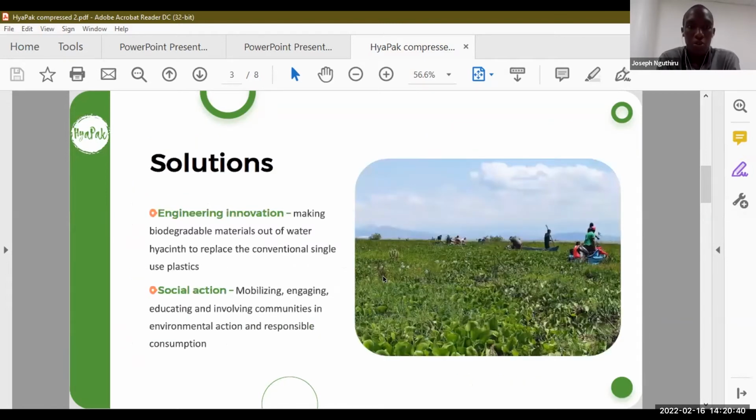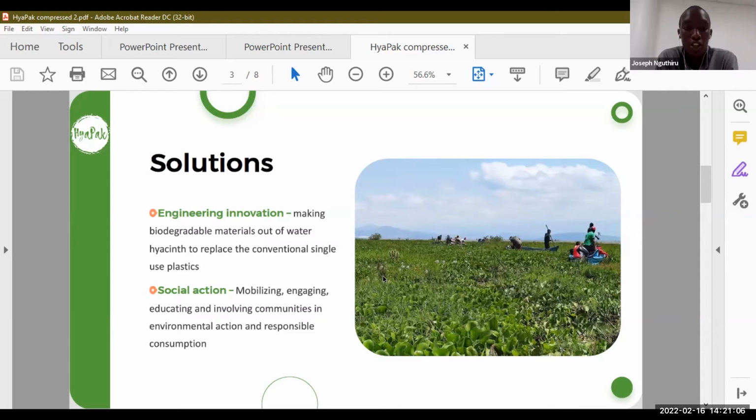So solutions, how do we solve these problems? The problems of hyacinth, plastic waste, and inorganic fertilizers. We came up with two solutions. Number one is an engineering innovation, and number two is social action. We're going to explain this in detail. In engineering innovation, you're going to make biodegradable materials out of water hyacinth to replace the conventional single-use plastics.